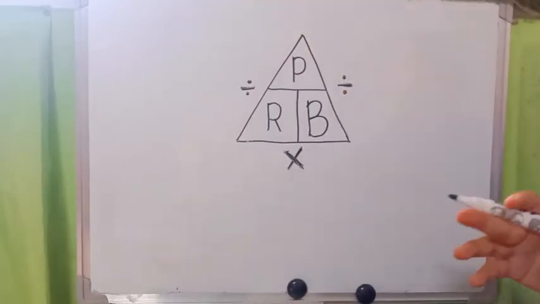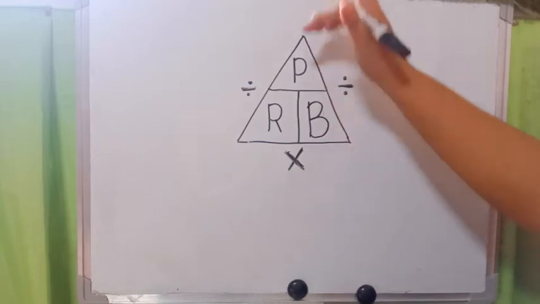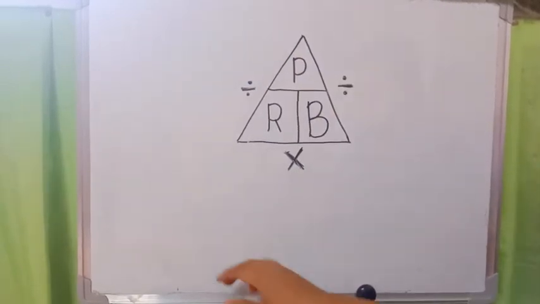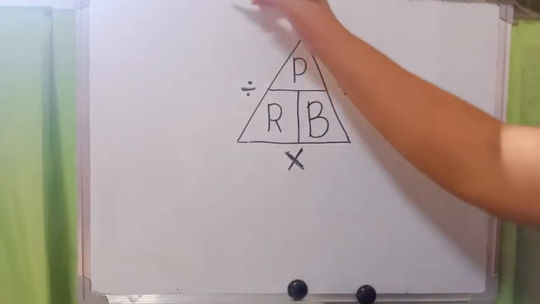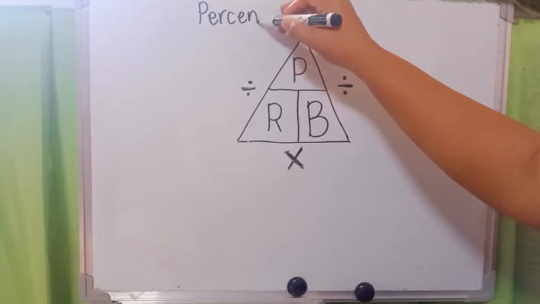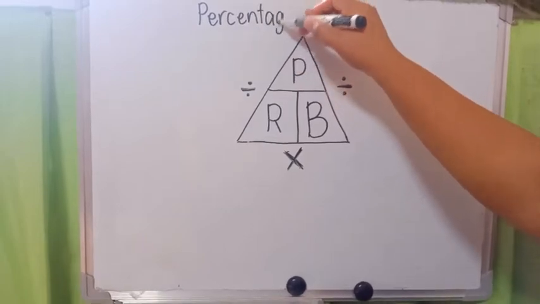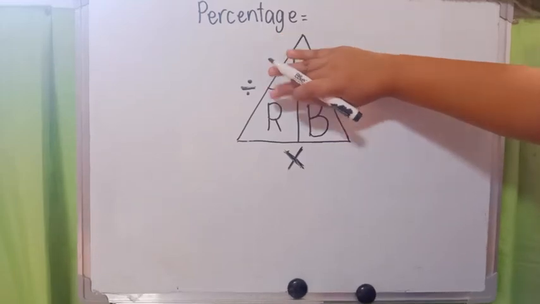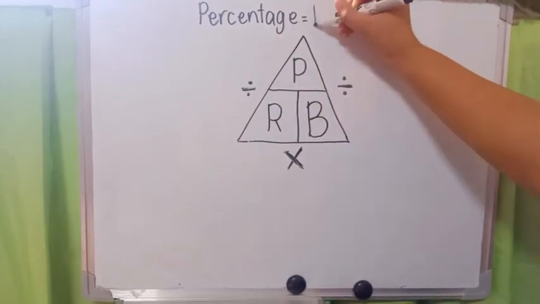In the simplest way, if your percentage is missing, we just need to multiply rate times the base.